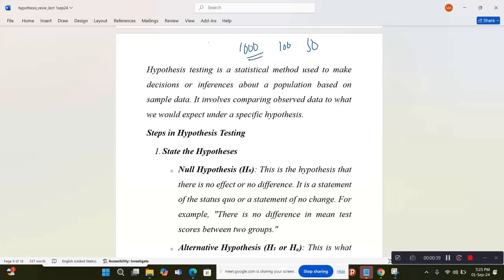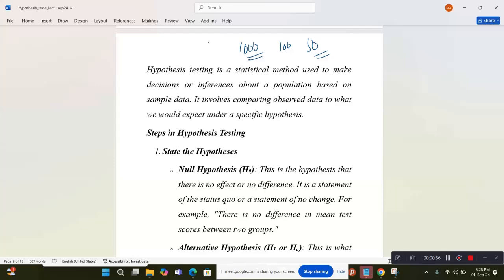You may pick 50 data values to represent this 1,000. Then, when you analyze this 50, you can make decisions over the whole population.